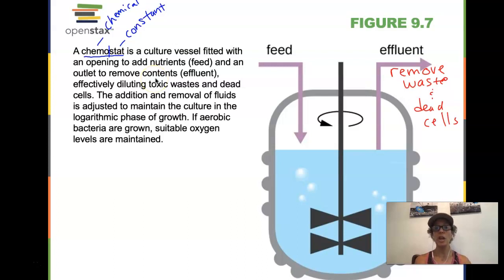It's a chamber where we can continually replace the nutrient media. We stir it so that we don't have dead cells or anything else getting all settled at the bottom. And then we have a way to pump out the waste and any dead cells. We can maintain a constant amount of bacteria at a constant level of growth.